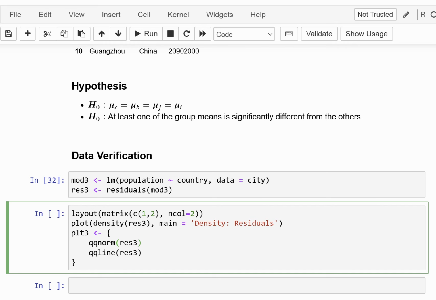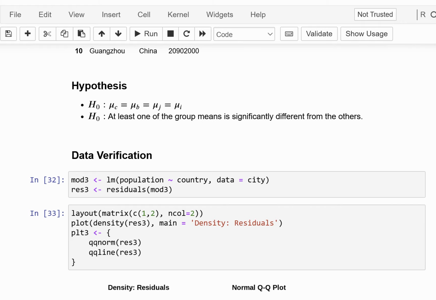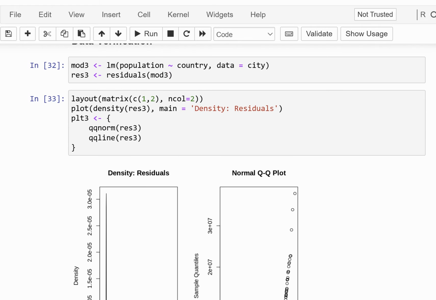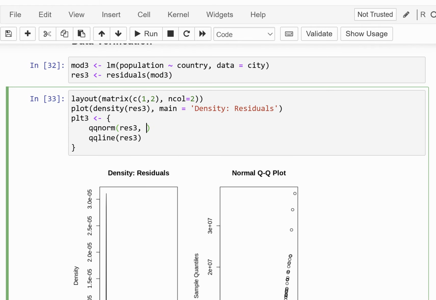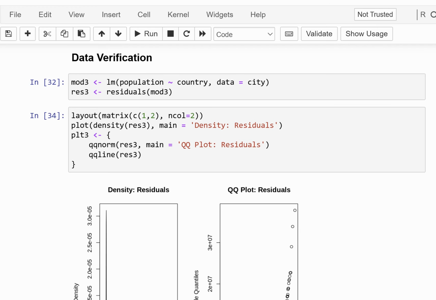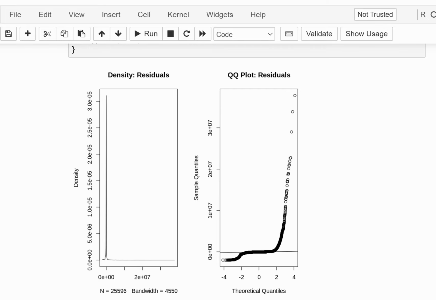I was going to put a title in, but let's save that for a moment. It just says normal QQ plot. Let's see if it'll change. At times, some of these plots don't allow a name change, but we can do QQ plot of the residuals. And it did it fine.